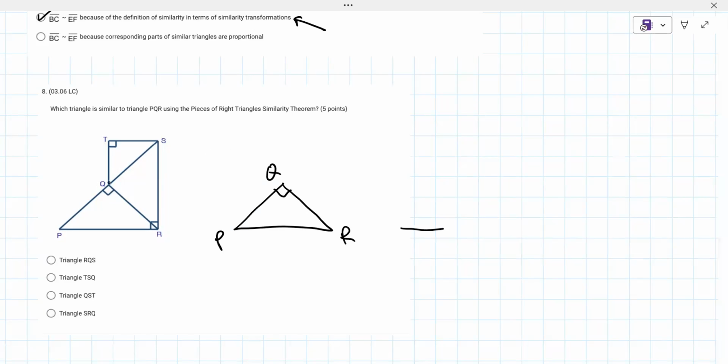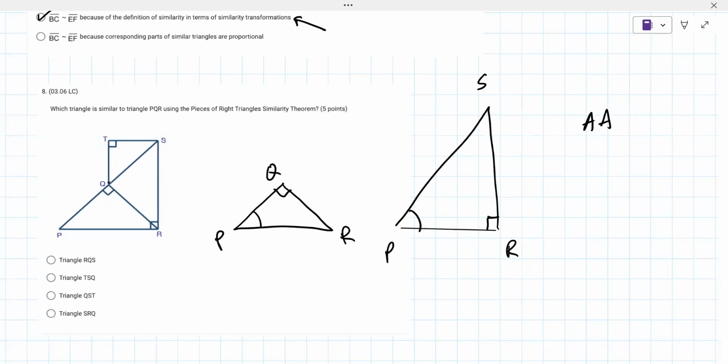You see how P, S, R, they both have angle P. We're not using AA, but that's okay. See how the included angle is the same in both, and they both have a right angle. That would normally be angle-angle, or AA. That's normally the AA way to go about doing this.